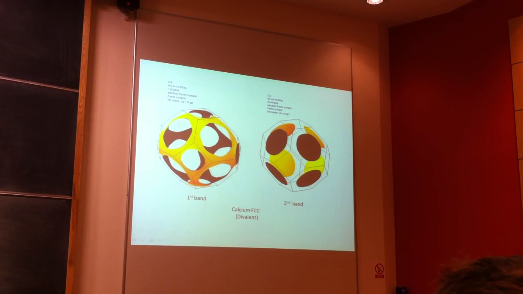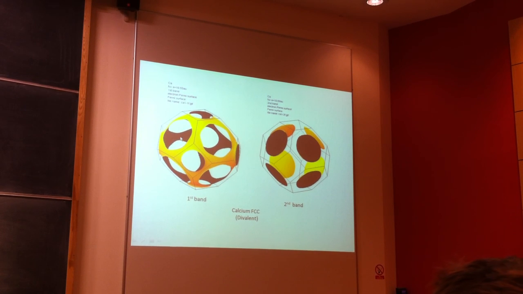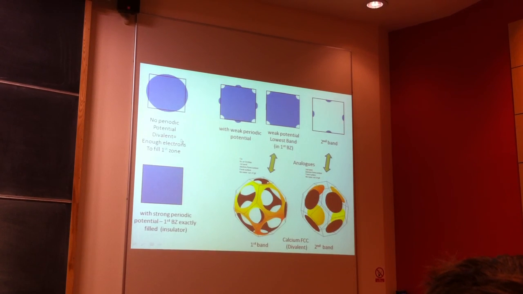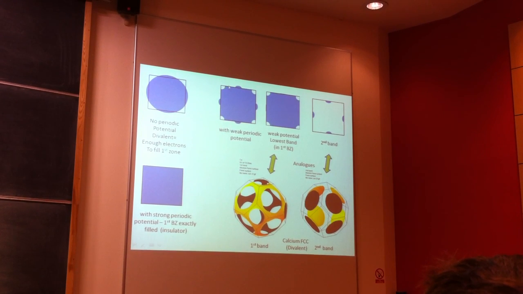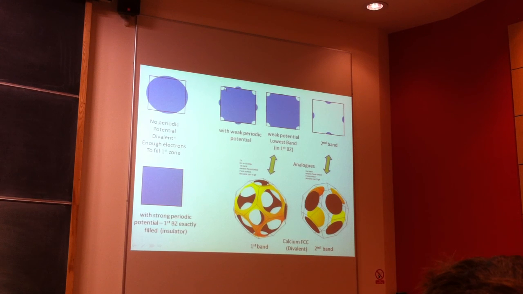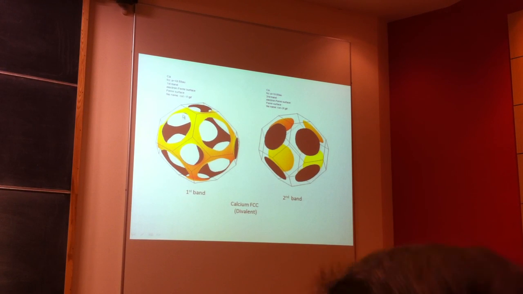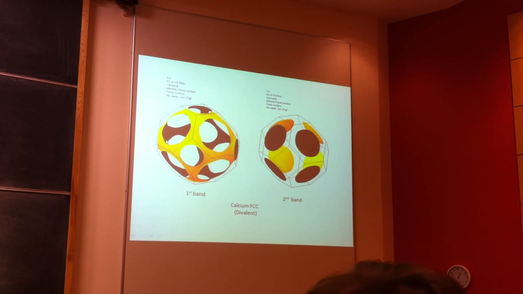The places where the yellow is not drawn is where the Fermi surface has actually hit the Brillouin zone boundary, like along this region. So for much of this picture, the Fermi surface is actually all the way at the Brillouin zone boundary.